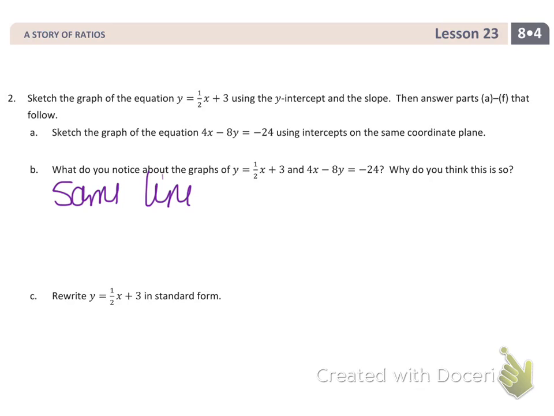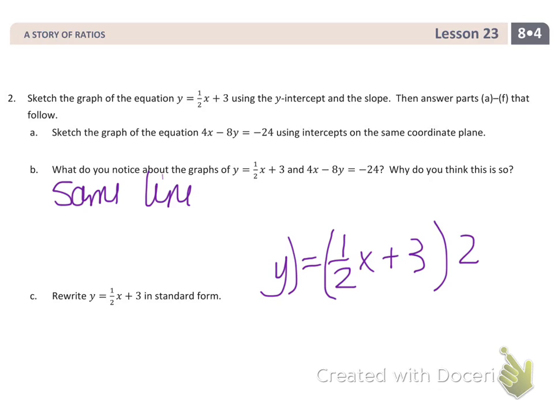So let's rewrite y equals 1/2 x plus 3 in standard form. I would like to multiply both sides of this equation by 2 to get rid of that fraction, and I'm going to be tricky and multiply by negative 2.